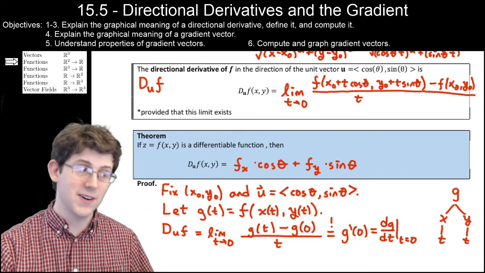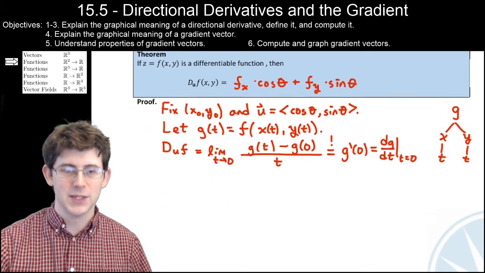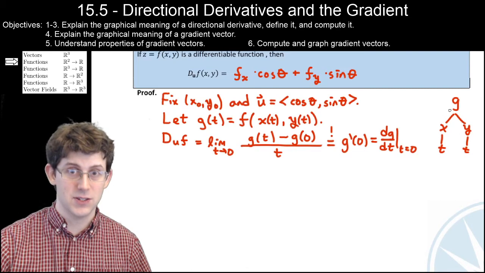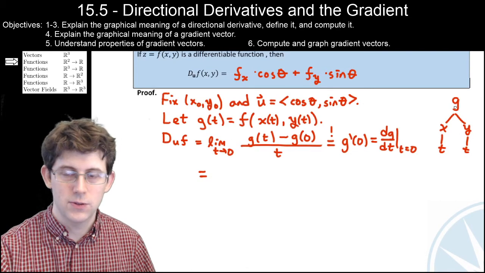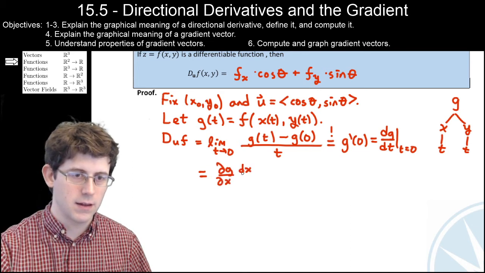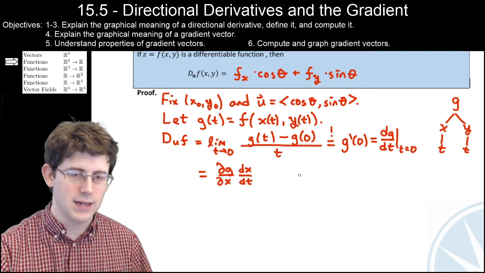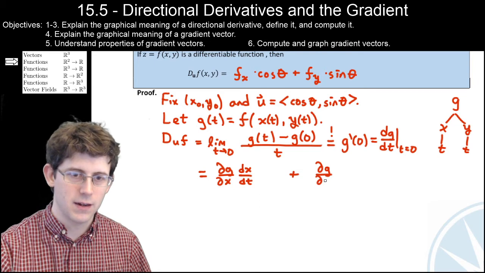So if anyone ever needs dg dt for any reason whatsoever, the chain rule tells us how to find that. There's two paths. You take the path through x, and you take the path through y, and you add them together.